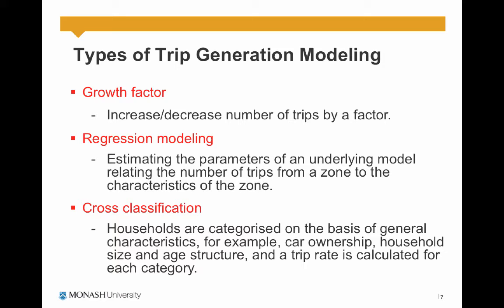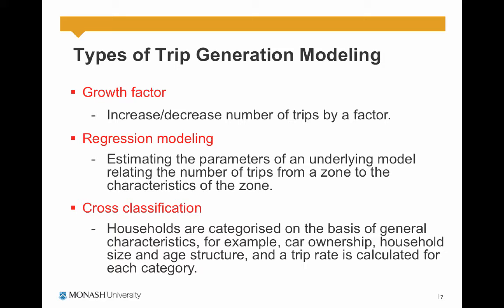So what we do in the cross-classification method is we look at each zone and then we look at each household class that we have defined, and we try to estimate a trip rate, or the number of trips that are going to be made by that specific household class per day in different categories.